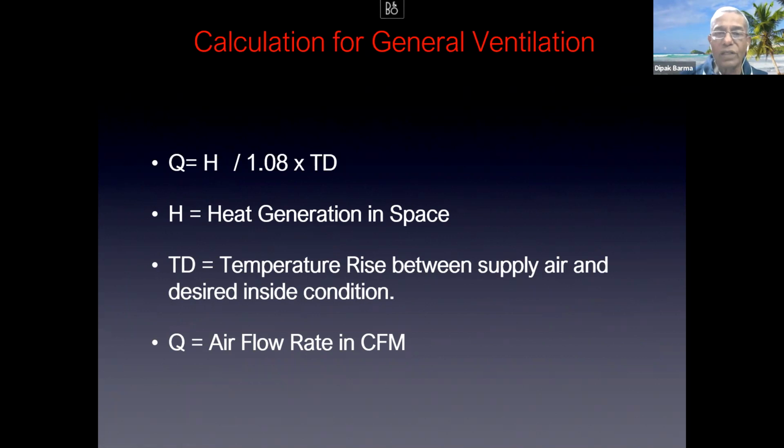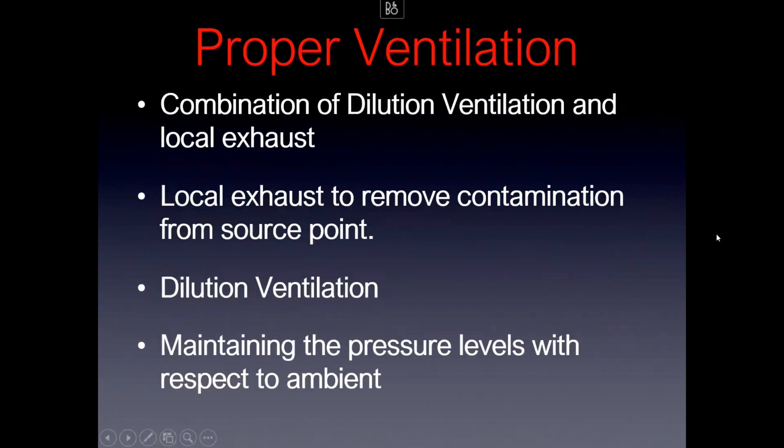This temperature difference is the room temperature minus the temperature of incoming air, so that the amount of heat can be removed by this air gaining temperature by TD. So we are able to control the temperature condition of the room.